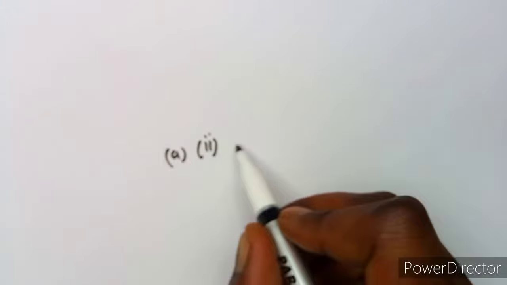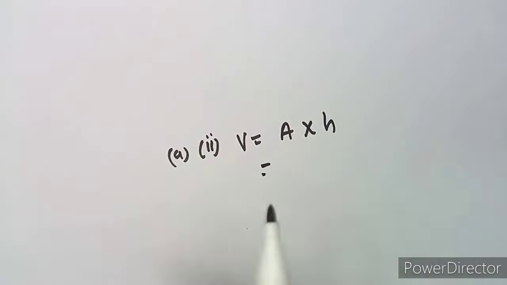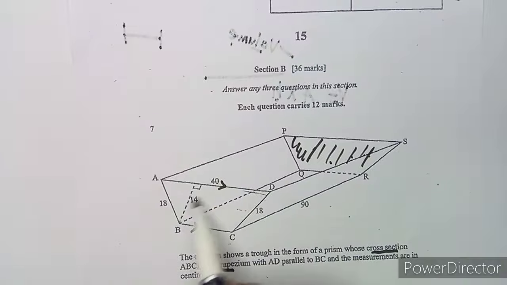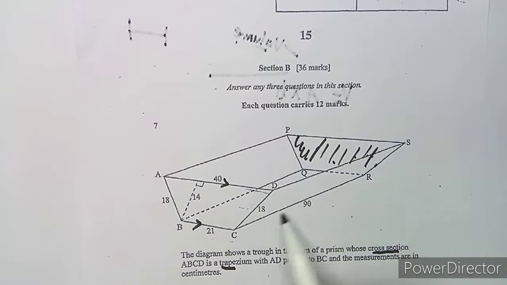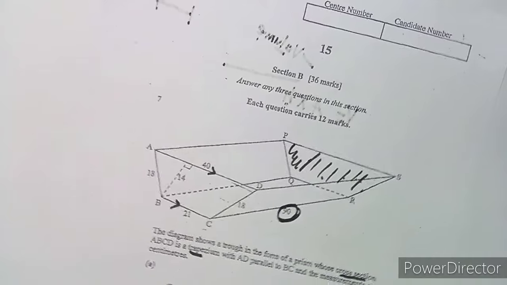When I say height, I'm referring to the distance from one cross section to the other cross section. In this case, we have already calculated the area. So our volume is going to be area times the height. This is one of the cross sections, so it's the area of this cross section times the height to another cross section. These two are separated by 90 centimeters.